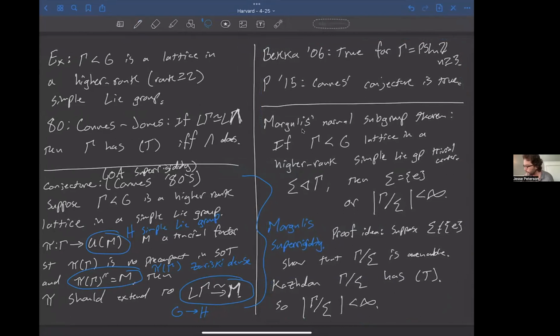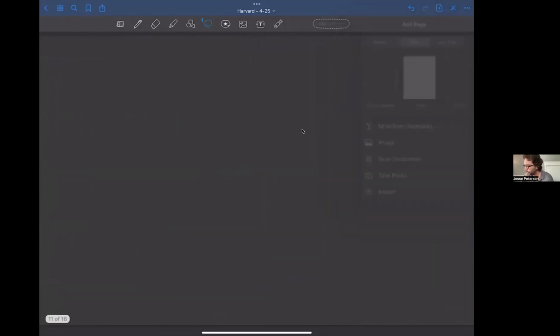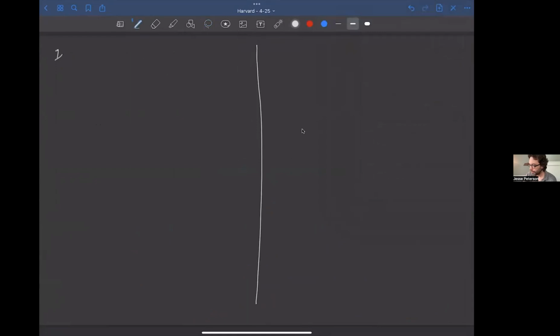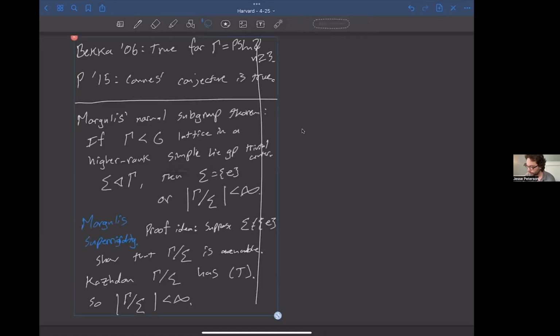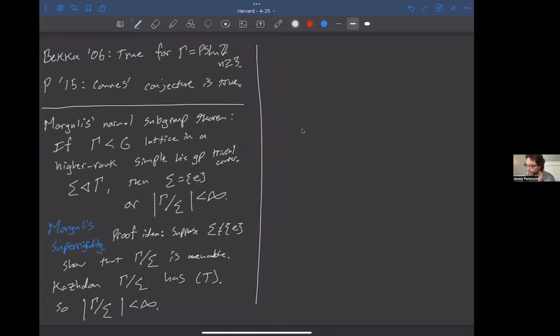And how is this connected to operator algebraic superrigidity? Well, let me just notice. So if we consider this representation here from gamma to the unitary group of the von Neumann algebra of the quotient group, then this is a setting of operator algebraic superrigidity. So the image is not pre-compact unless the quotient group is finite.